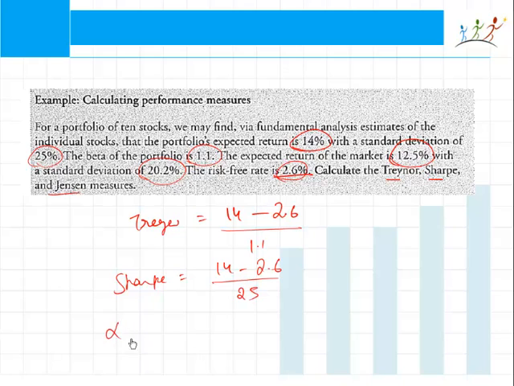The Jensen's alpha will be the expected return minus the CAPM required return, which will be the risk-free rate plus beta times RM minus RF. Return on the market is 12.5 minus the risk-free rate is 2.6.